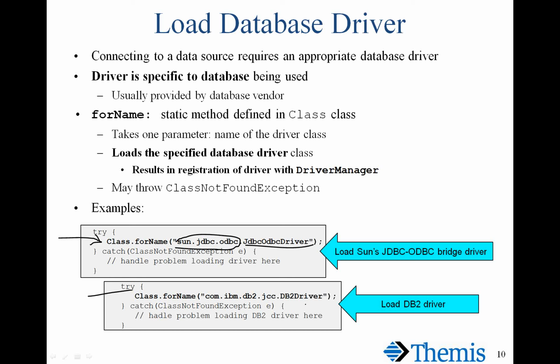And in the second example, the class name is the DB2 driver, which resides in a different package. Loading the driver causes the driver to register itself with the driver manager. So we can then make a connection to the database using that driver if it has been loaded.